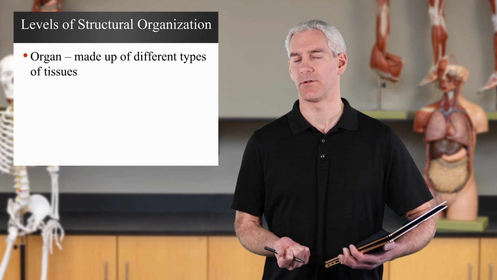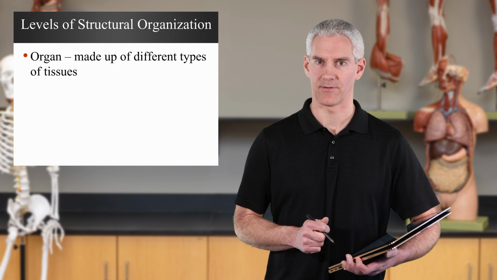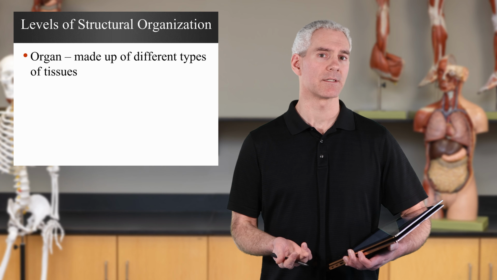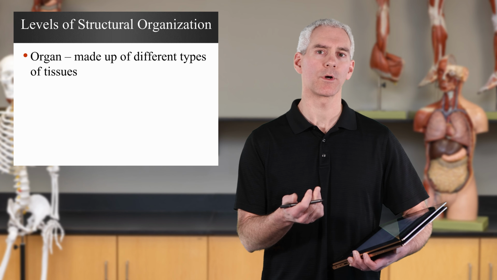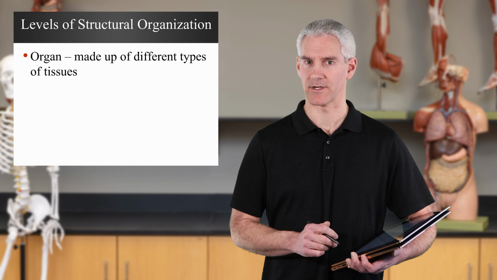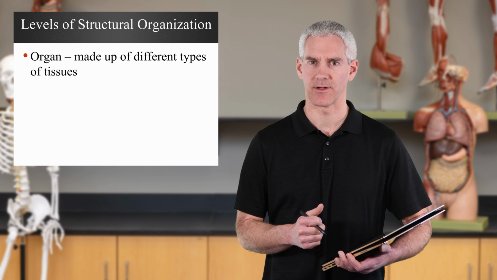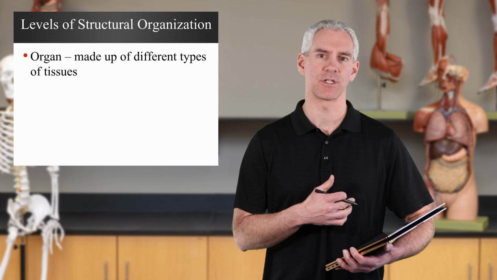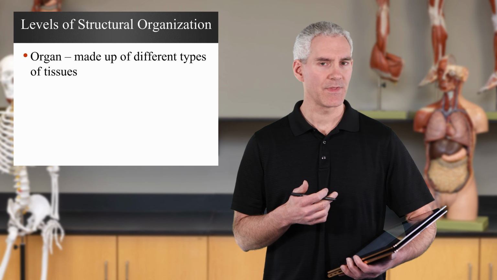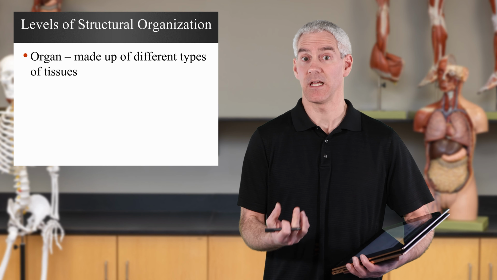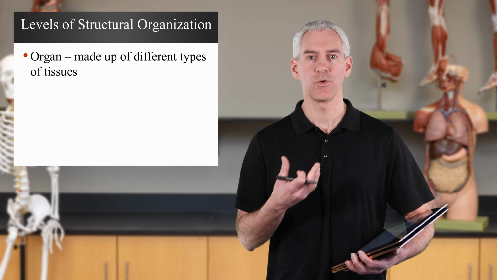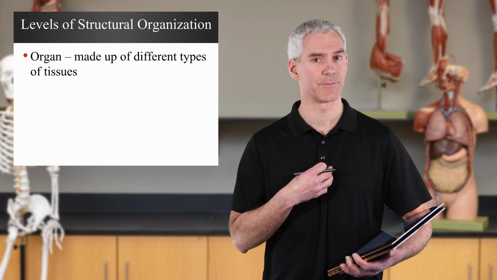From the tissue level, we can go into the organ level. Organs are going to be made up of two or more tissues working together. Because you can't just randomly take different tissues and put them together. They have to be able to function together. So you're thinking of an organ. Think of the heart, for example. You have cardiac muscle, one tissue.